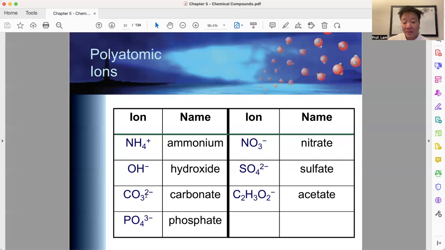So not only do you need to know that it's CO3, but you also need to know that it's 2 negative charge for carbonate. And you need to know that phosphate is PO4 3 minus. Nitrate is NO3 minus. Sulfate is SO4 2 minus. And acetate is even a longer one. It contains 2 carbons, 3 hydrogens, and 2 oxygens, C2H3O2, and it's 1 minus charge.